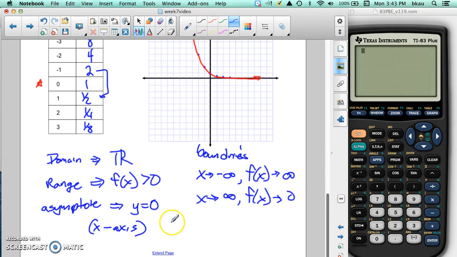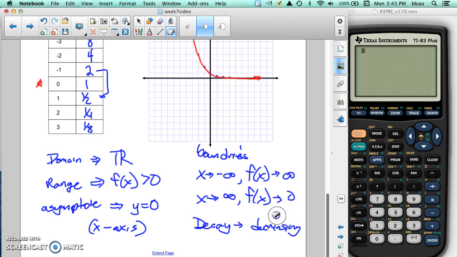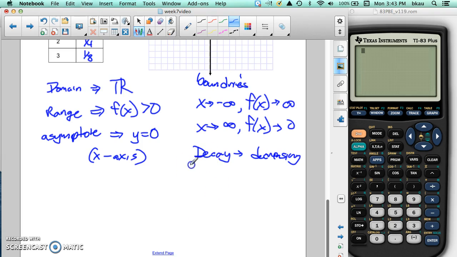This one is called decay because the graph is decreasing. If we're talking about exponential decay, then we're talking about a number for a that's less than 1.